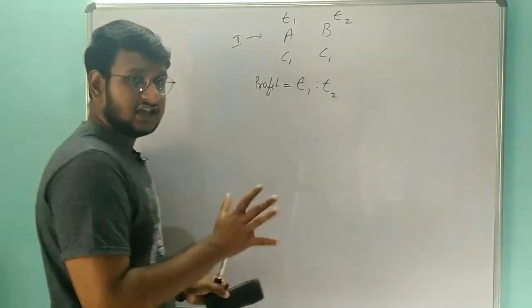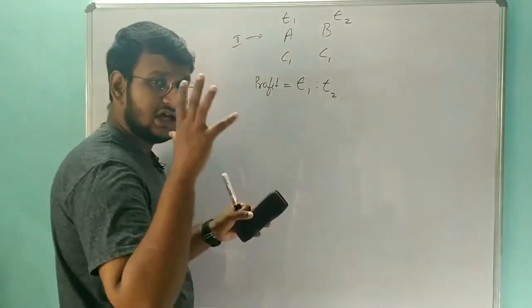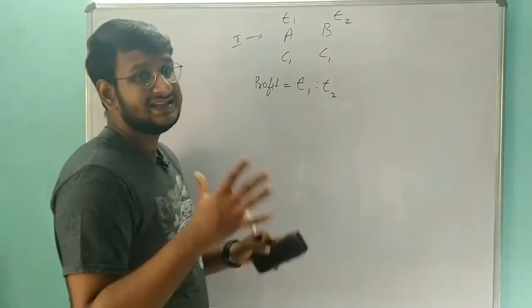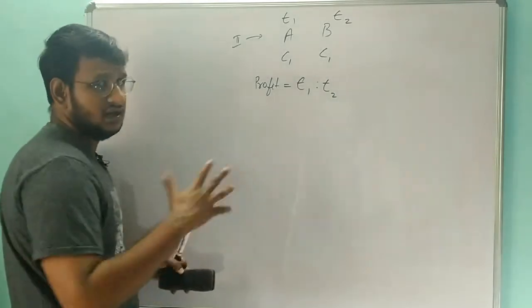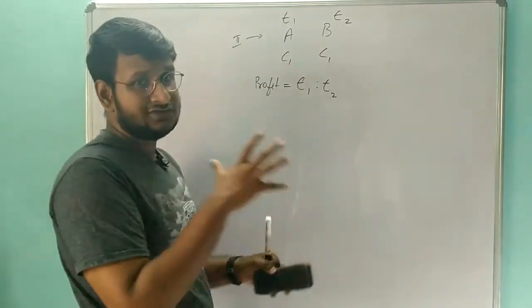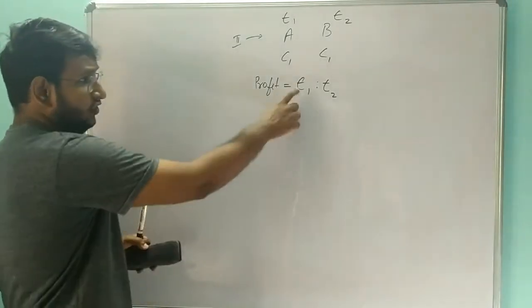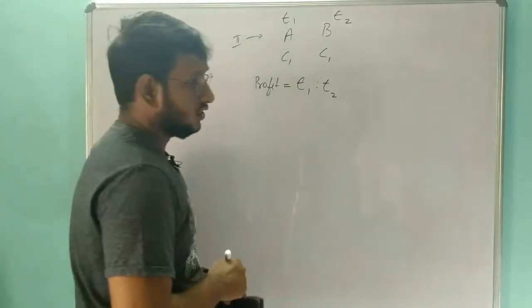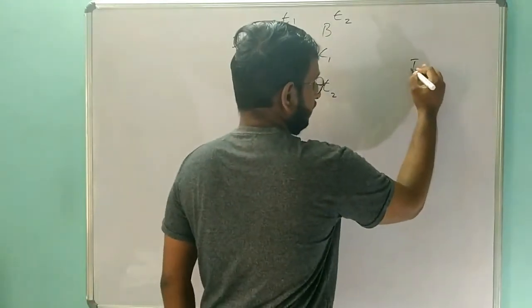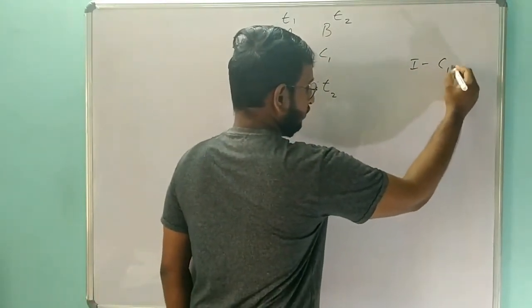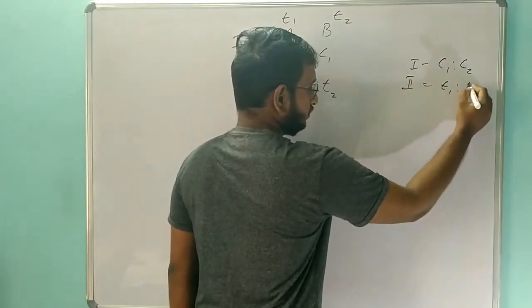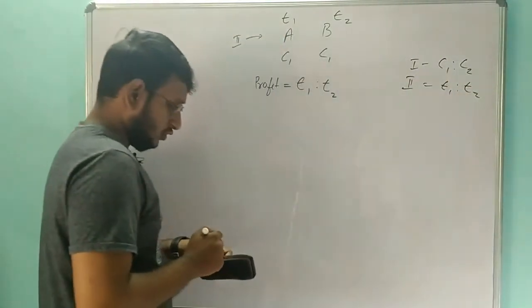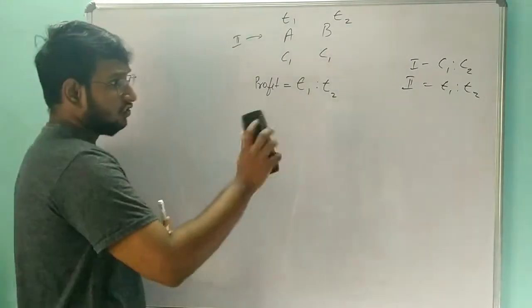So this is the second scenario. In the second scenario, the investment will be the same, but the time period of investment will differ, like 2 years, 3 years. We use the formula T1 is to T2, while in the first scenario, we use C1 is to C2, in order to know the ratio of profit.